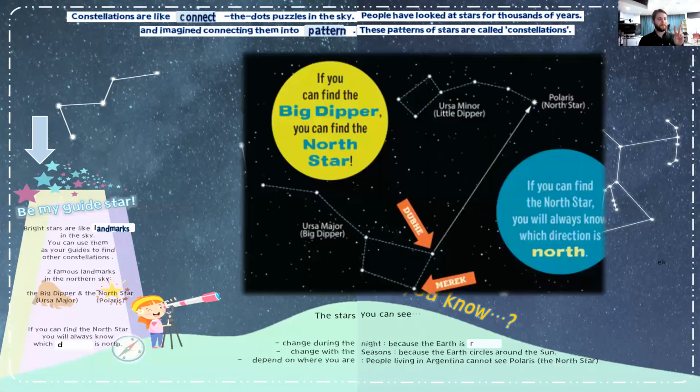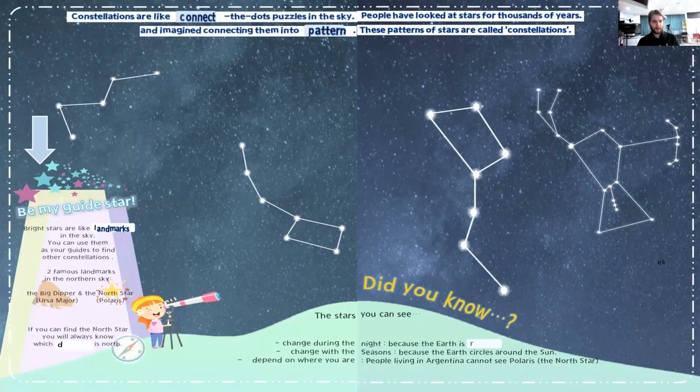Two famous landmarks in the northern sky are the Big Dipper, or Ursa Major, and the North Star, also called Polaris. If you can find the North Star, you will always know which direction is north.